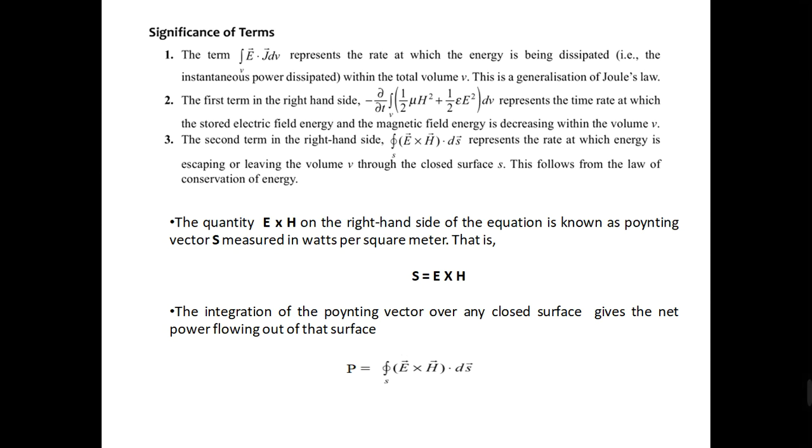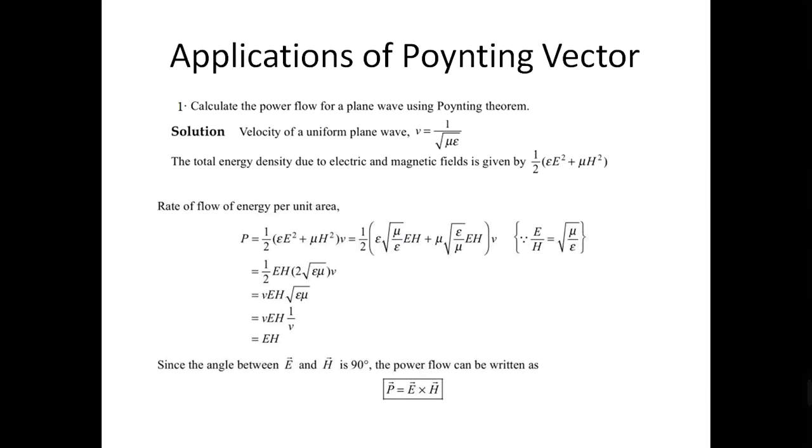So now let us see the applications of the Poynting vector. The first application is to calculate the power flow for a plane wave using the Poynting theorem. Generally, the electromagnetic wave or uniform plane wave propagates with a velocity v equal to 1 by root of mu epsilon, and the total energy density due to electric and magnetic fields is given by half into epsilon E square plus mu H square.